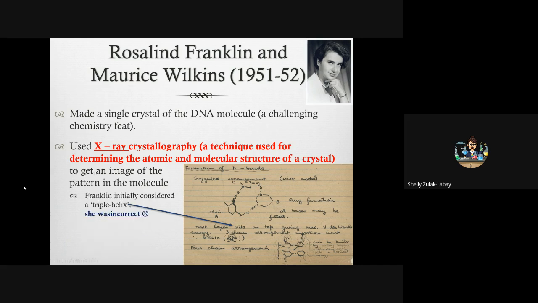So she initially, wrongly, unfortunately, considered a triple helix based on what she was seeing in her photographs. This is a scan from her journal, and it says, the next layer, 3 chain arrangements involve twigs, therefore a helix. So she looked at these photographs showing the pattern, and she wrongly thought there was a triple helix. She kind of put her research on the side and was focusing on other things.